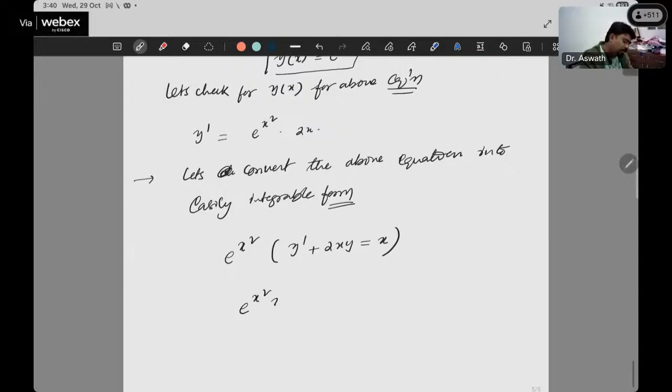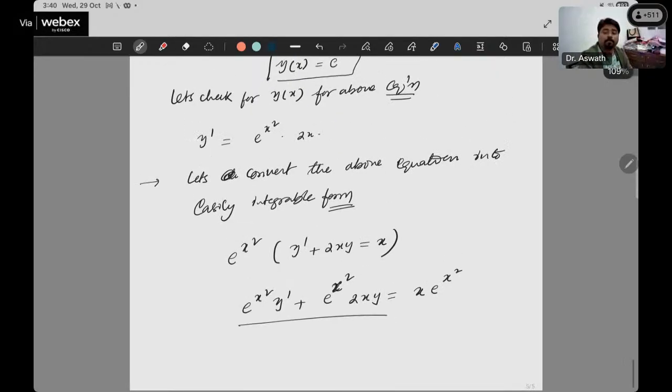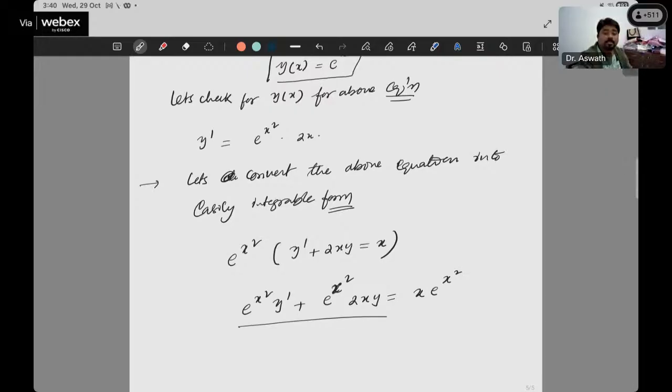Interestingly, exponential x square y dash plus exponential x square 2xy is equal to x dx into exponential x square. Now if you look at the left hand side carefully, it is actually a derivative of exponential x square into y.